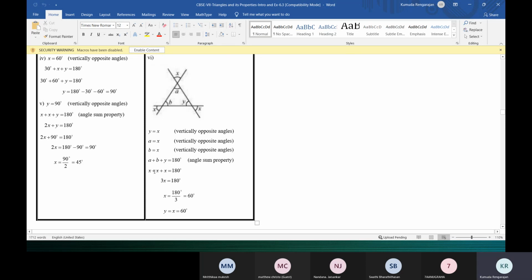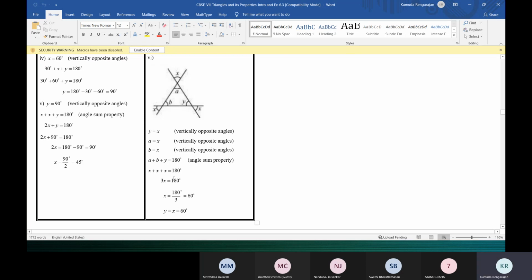So that means x plus x plus x is 180. This is for the sake of presentation. If you have to answer this orally, then you don't have to mark A, B and all that. You can just say x plus x plus x is 180, so x is equal to 60 degrees. If you have to present it, then you need the help of these variables A and B.